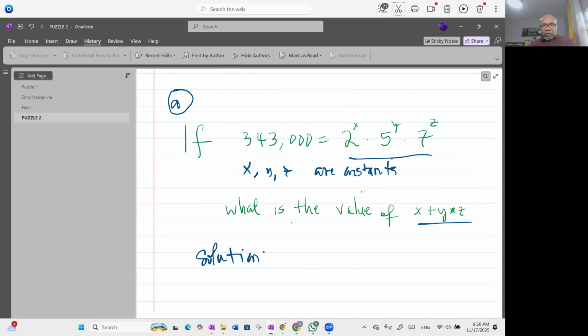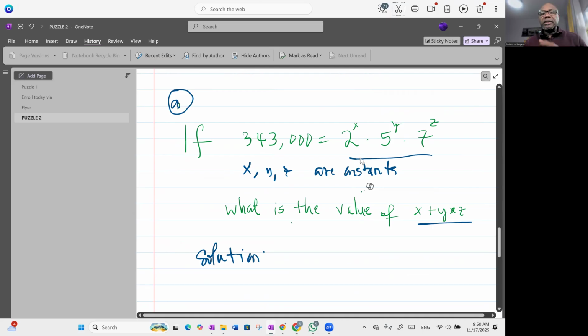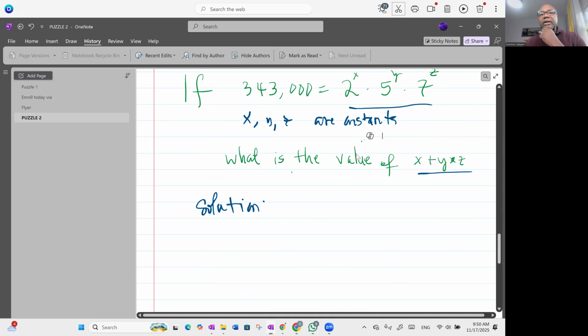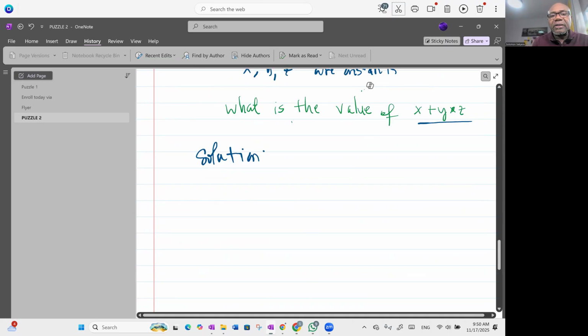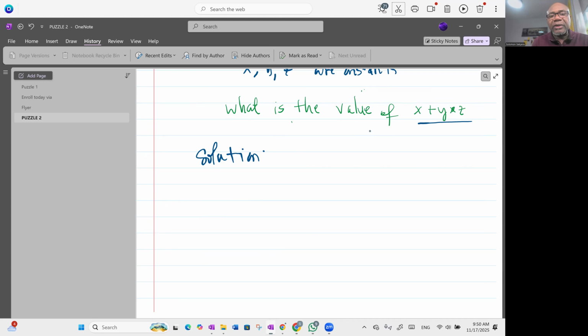Okay, so what does Solomon's guide tell you? Use keywords, phrases, or expressions to get a hint. Since I realize that 343,000 has been expressed in prime factors, I'm thinking about prime factorization in exponent form, right? So I can write this as 343 times 1,000.